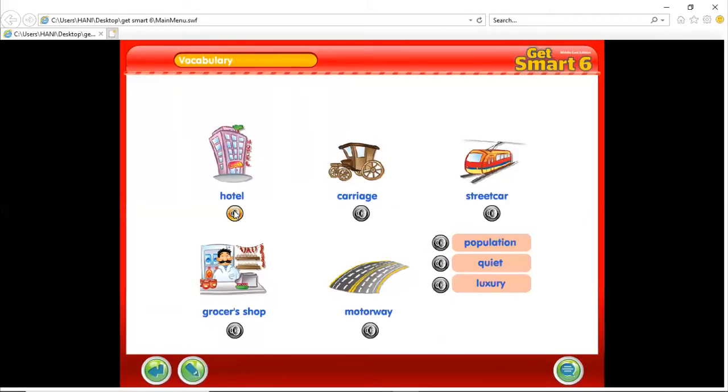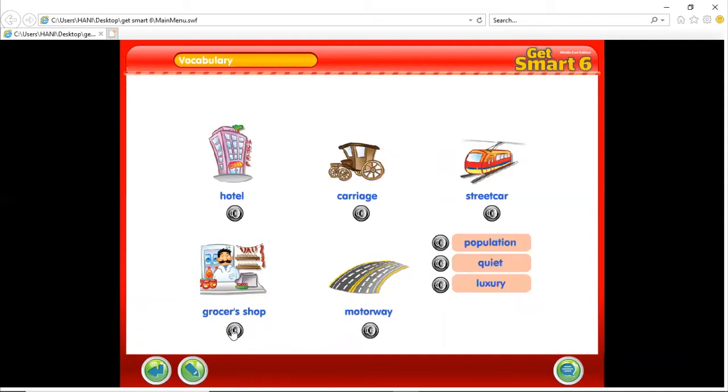Number 1, hotel. Number 2, carriage, is a kind of car, of course an old kind of car. Streetcar, as you can see. Again, streetcar. You can say that it used electricity.